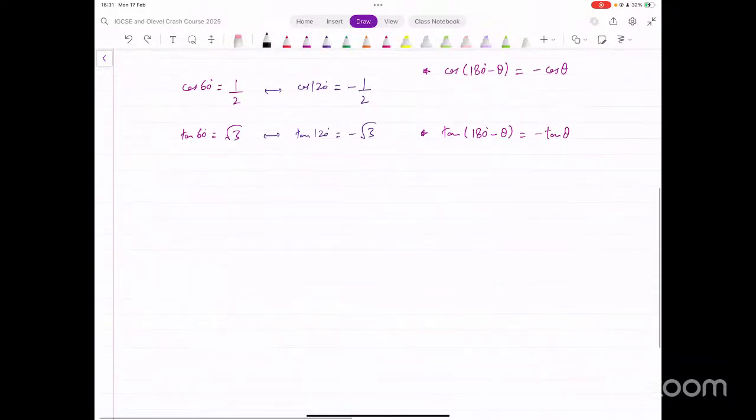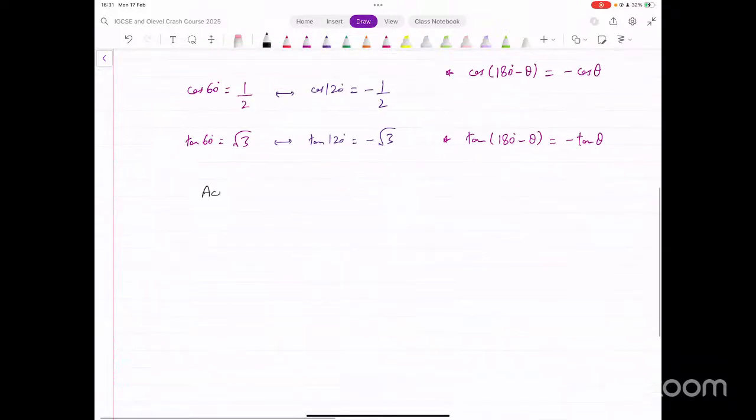For acute angles and obtuse angles, for sine, cos, and tan, acute angles are all positive. The sine, cos, and tan of them, they're all positive. For obtuse angles, sine is positive, but cos and tan are negative.